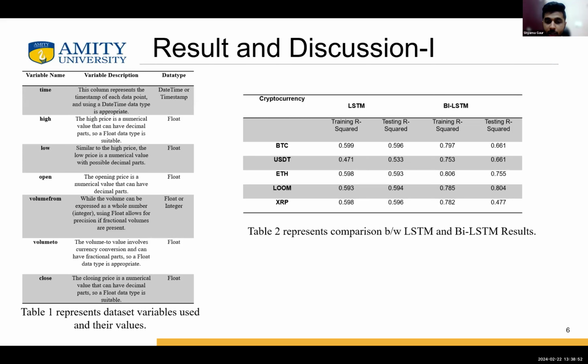Table 2 represents the comparison between the earlier used LSTM and the later used BiLSTM models. We noticed a huge jump in accuracy when we switched to BiLSTM. For example, we can see a huge jump in both training and testing data. The training accuracy went from 0.599 to 0.797, and similarly the testing accuracy as well.